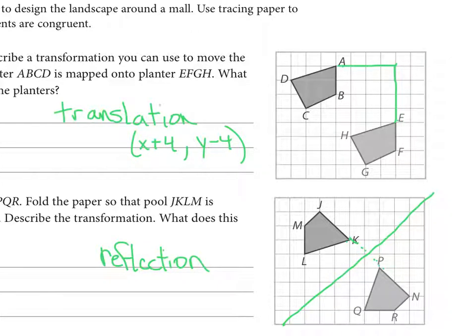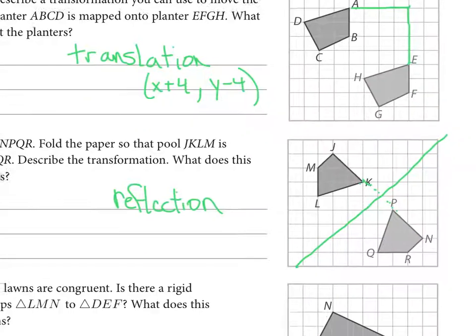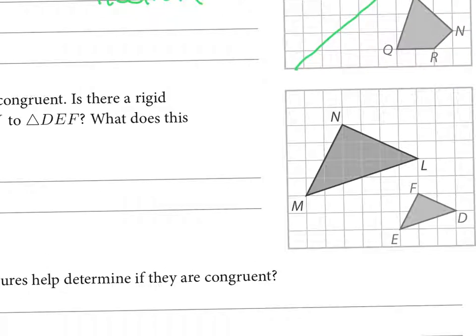And that's a rigid motion. And then the last one on here, they are not the same size. And so there is no rigid motion there because that was a compression, wasn't it?